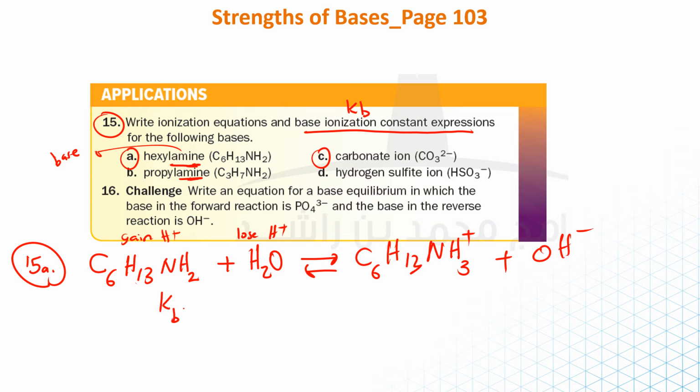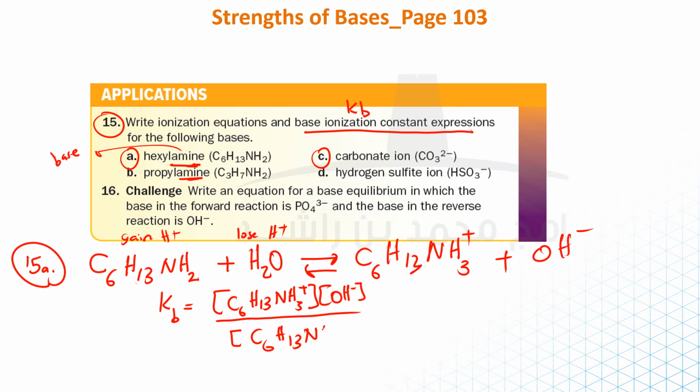So the Kb is going to be C6H13NH3 plus times the concentration of OH minus over the concentration of the hexylamine. Of course, if you want, you can write the states: this is aqueous, this is liquid, this is aqueous, and this is aqueous as well. Okay.